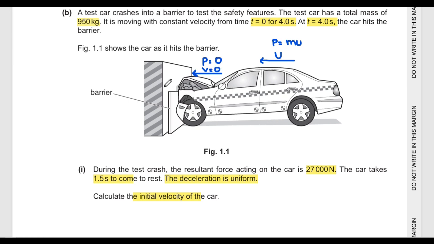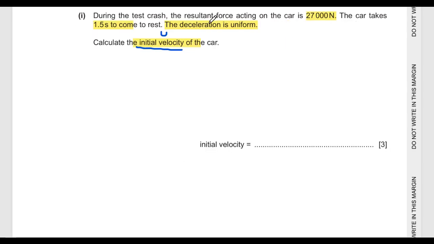And this wall applies a force to stop this car in the opposite direction, and this force is 27,000 newton, and this wall applies the force for 1.5 seconds, and we have to get this initial velocity.